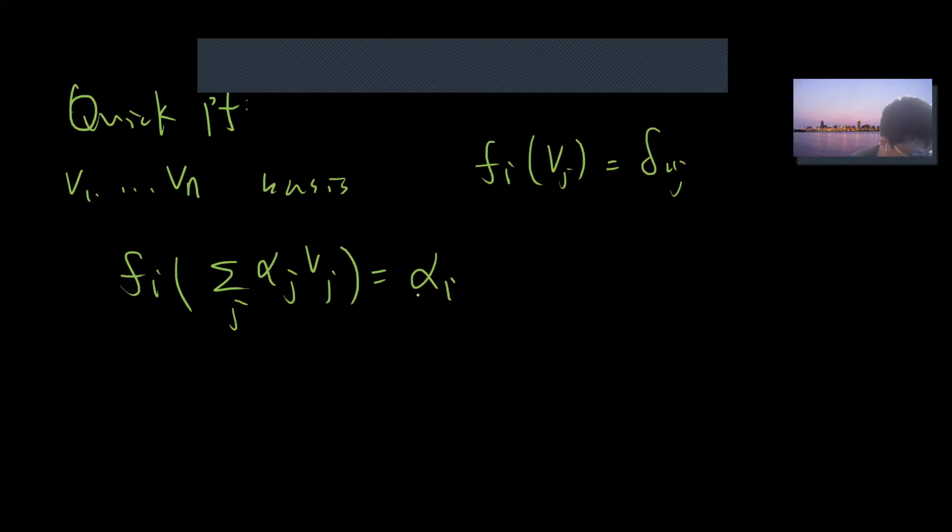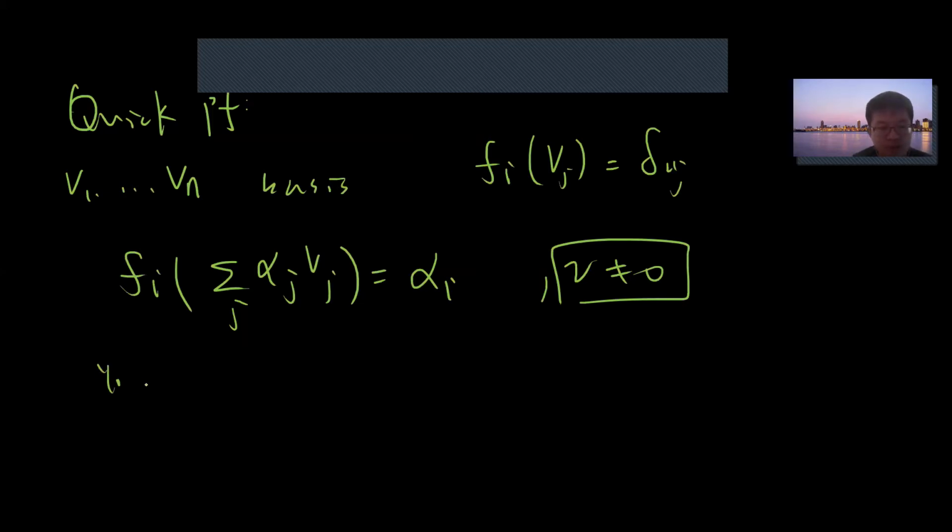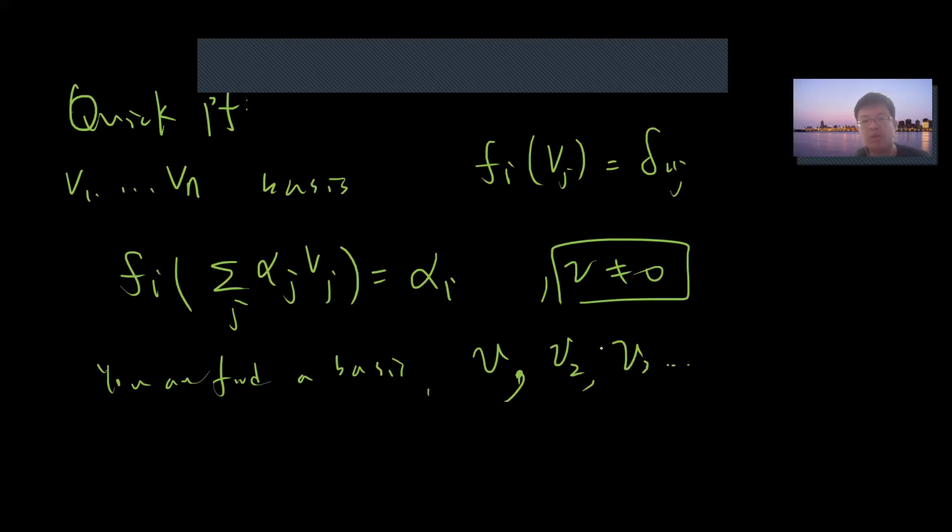Once from this, if v is non-zero, then you can find a basis which starts from v. Let's say you start from v, and then you create another V2, V3 up to Vn to complete the whole vector space.